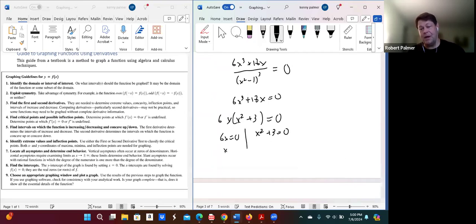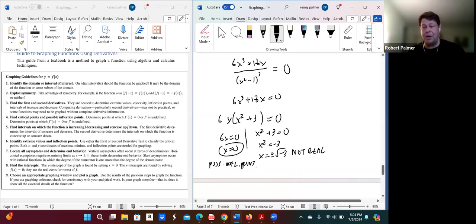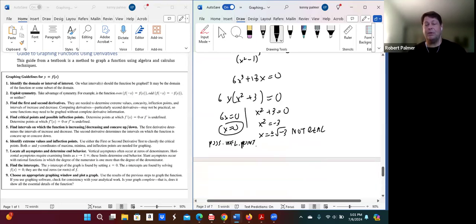So over here, clearly x is 0. And in this case, x squared equals negative 3, and so x would be plus or minus the square root of negative 3. And once again, these are not real, they're imaginary numbers. So just x equals 0 is a possible inflection point. It could be an inflection point, just that one. So no critical values, but one possible inflection point.